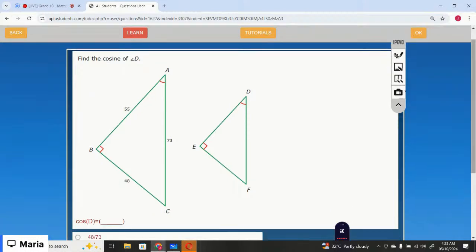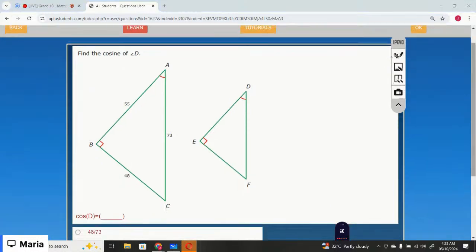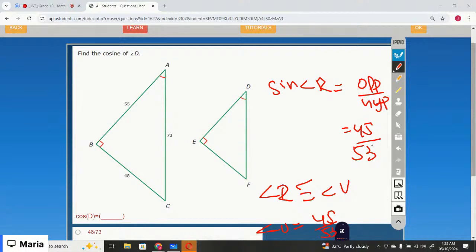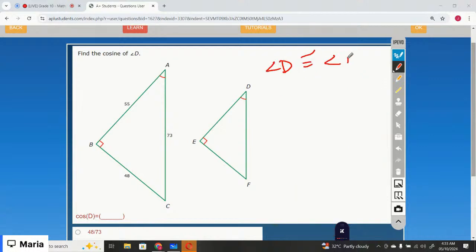Okay, find the cos of angle D. So angle D is similar to angle A, right? So cos of angle A is adjacent over hypotenuse.